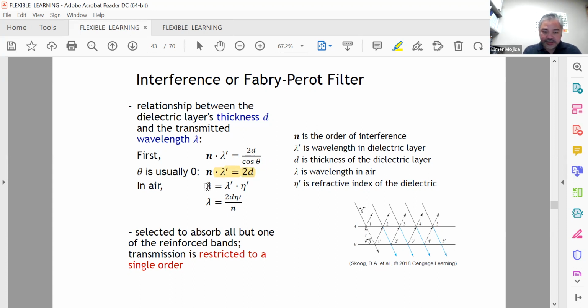So in air, you can have this expression, nλ = 2dn', where n is the order of the interference, λ' is the wavelength in the dielectric layer, d is the thickness of the dielectric layer, λ is the wavelength in air, and n' is the refractive index of the dielectric. Now, it is selected to absorb all but one of the reinforced bands of transmission and is restricted to a single order.